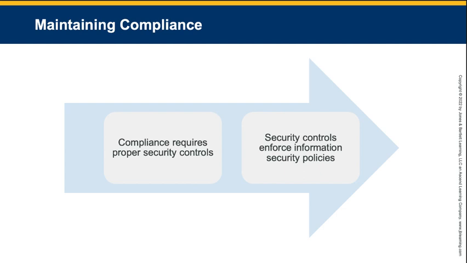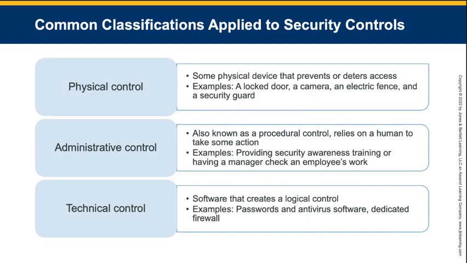Next we take a look at some common classifications used in security control. First, quite commonly, physical control. This could be as simple as a physical device, locking your door, CCTV cameras, fences, security guards. This could also be implemented in the server room, for example, access cards.